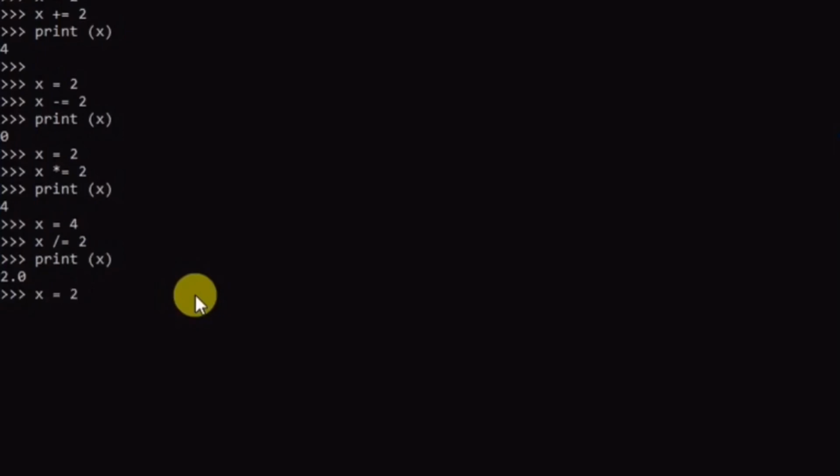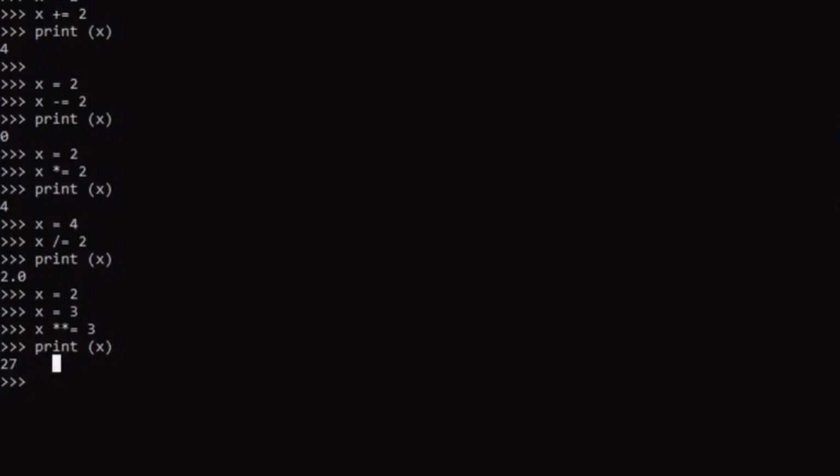The x's value is 2 and the second value is 3. We write x exponential equals to 3. In the next line we print the value of x and see the result, that is 8.